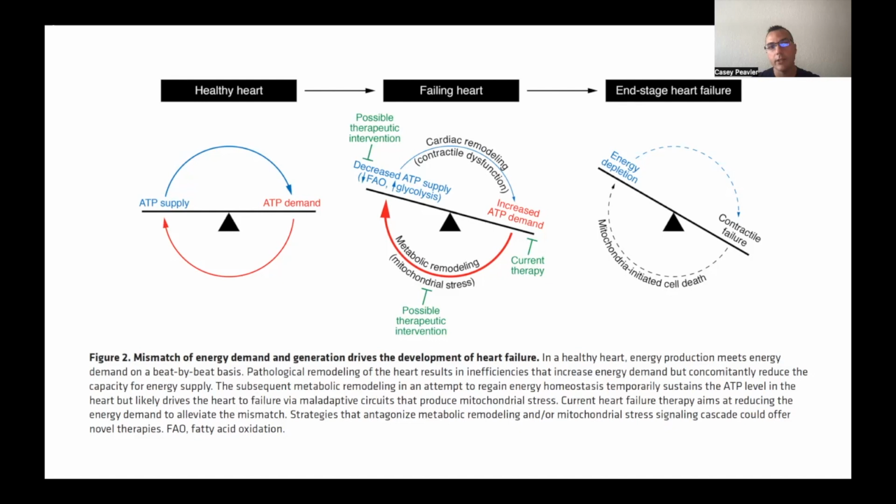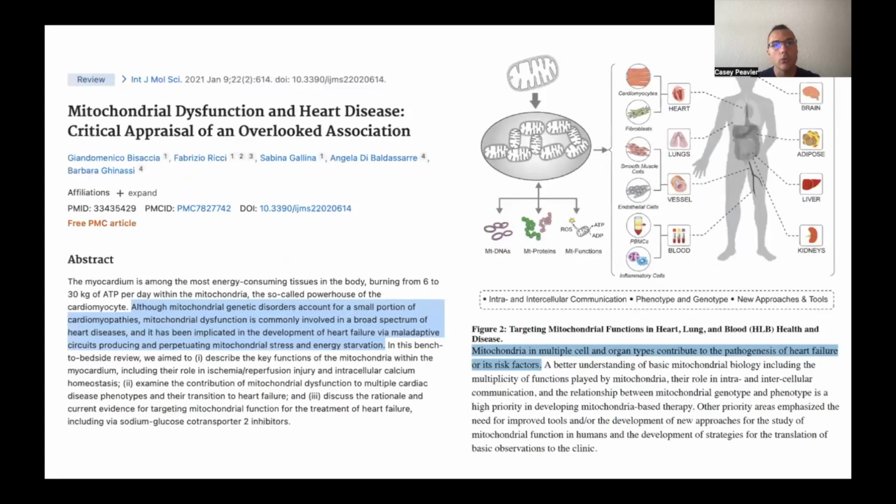In that model, you have metabolic remodeling, mitochondrial stress, and then cardiac remodeling, which leads to contractile dysfunction, and ultimately, as we talked about on the right side of the graph, complete contractile failure, where the heart has actually failed.